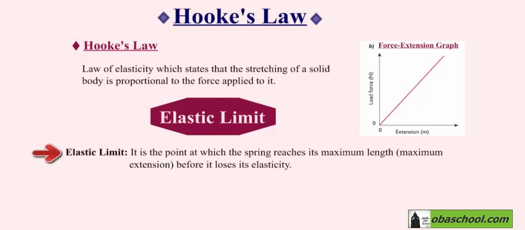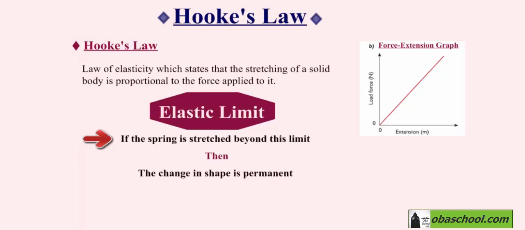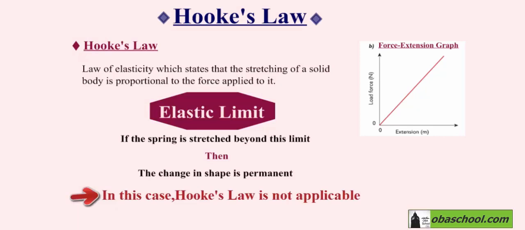We have a point that is called the elastic limit. It is the point at which the spring reaches its maximum length, maximum extension before it loses elasticity. If the spring is stretched beyond this limit, then the change in shape is permanent. In this case, Hooke's law is not applicable.